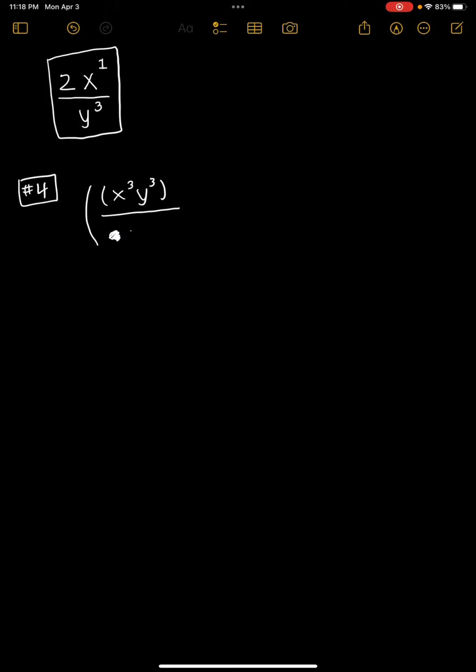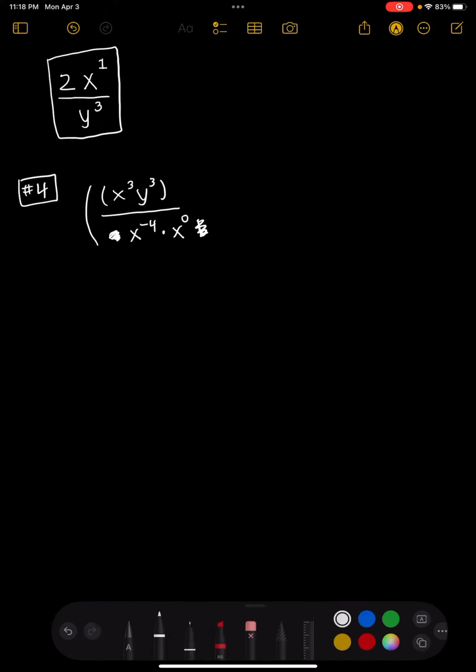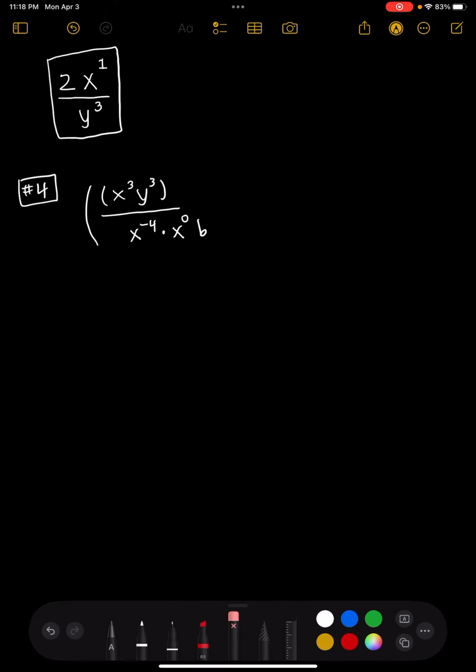We're going to have x to the negative 4 times x to the 0, not b. Sorry, guys. Let me erase what I have. We'd have y to the negative 4. And all of that is squared.